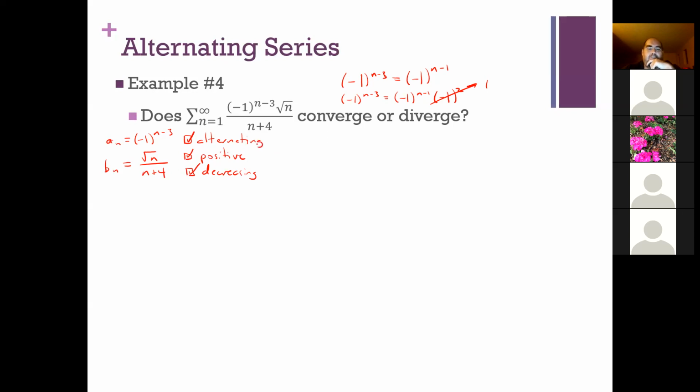All right, so we can use the alternating series test. So then what do I do? You look at the limit of B sub n. So as n approaches infinity, what does this do?